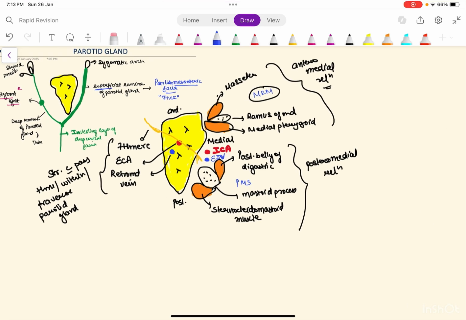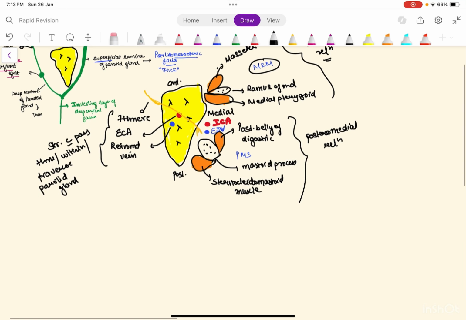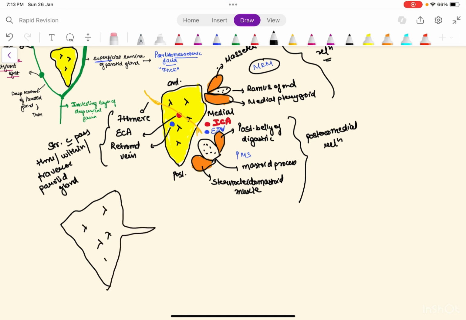Okay. Then the last diagram that I need to tell you about. In the last diagram, we basically go through it together. So let's again draw our beautiful parotid gland.